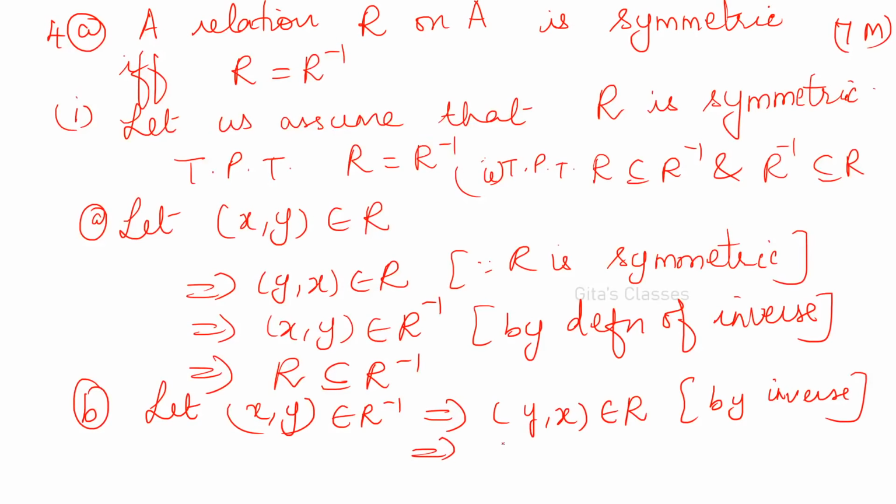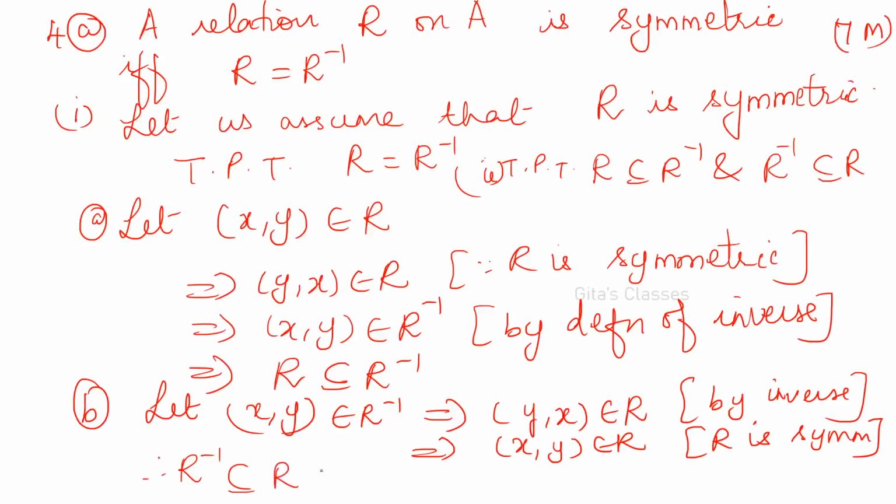This implies x comma y belongs to R, because it is assumed that R is symmetric. Therefore, R inverse is a subset of R. So let us take this as equation number 1 and this as equation number 2. So from 1 and 2, R is equal to R inverse. So one side is proved.